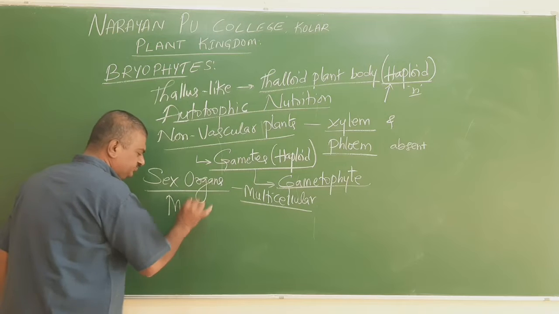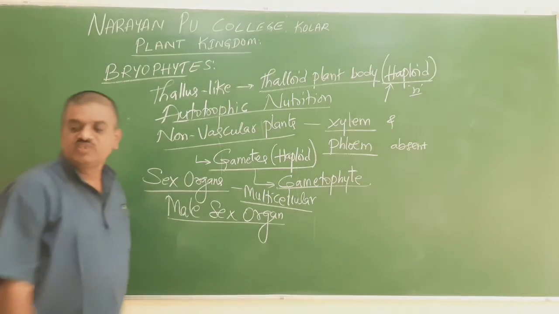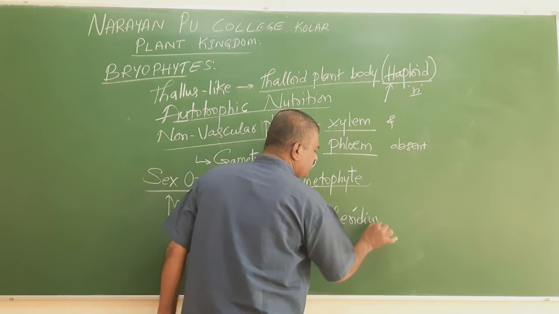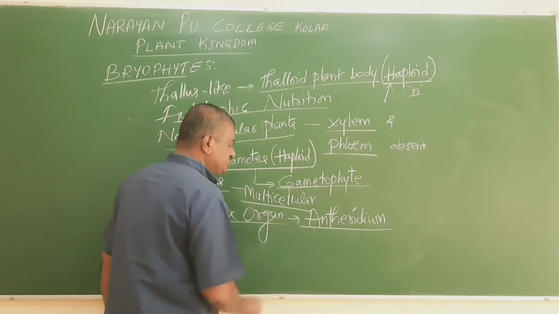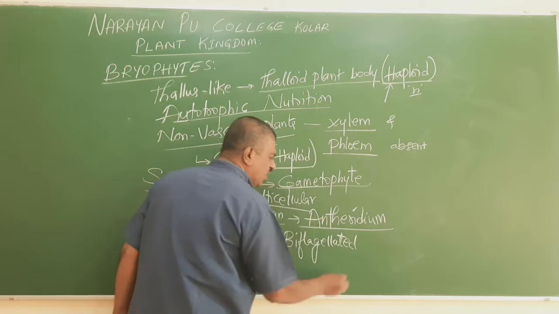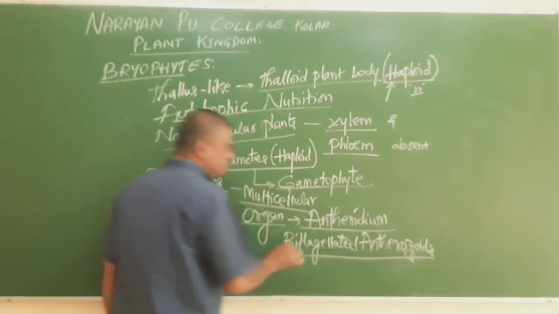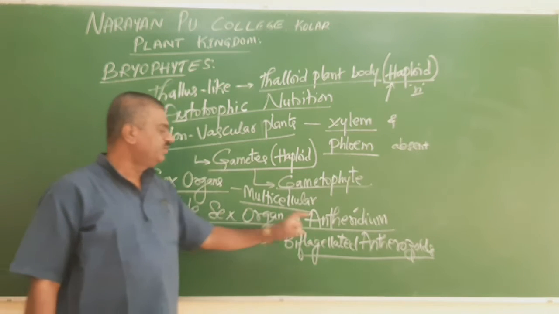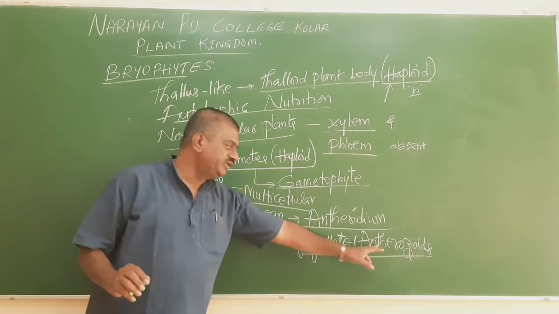The male sex organ is always called the antheridium. This antheridium produces the male gametes called biflagellated antherozoids.